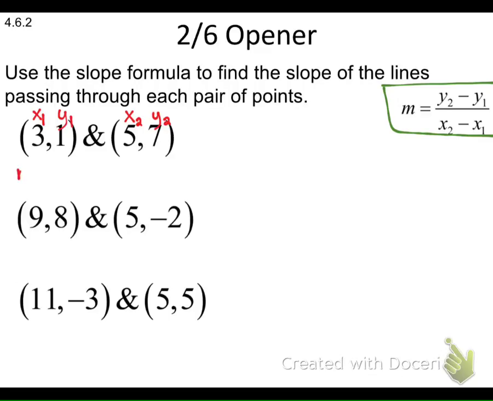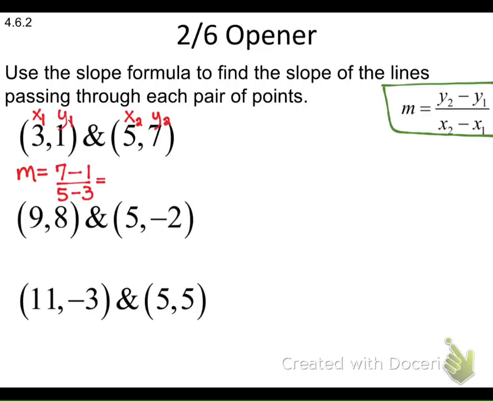So I'm going to put M equals, because that's what my formula has, and my first part is Y2 minus Y1. What do I substitute for my Y2? 7. I put in my subtraction sign, and then what's my Y1? 1. Okay, divided by, or over, x2 minus x1.